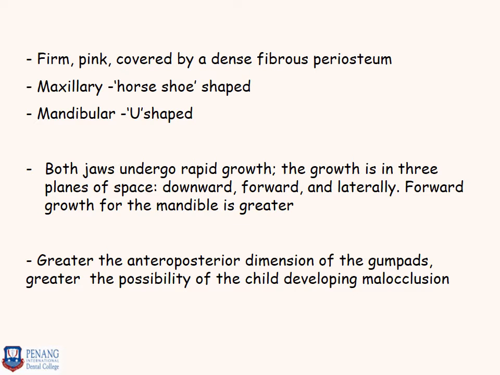Downward means the jaw grows vertically, forward is an increase in the forward growth of the jaws, and lateral is the sideways growth of the jaws. Among all three planes, the forward growth of the mandible is greater compared to the downward and lateral growth.